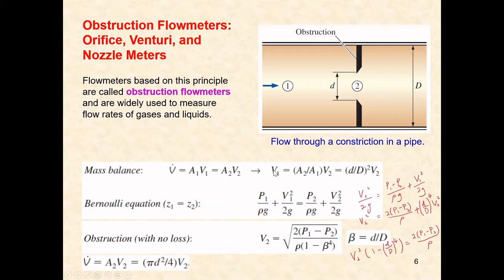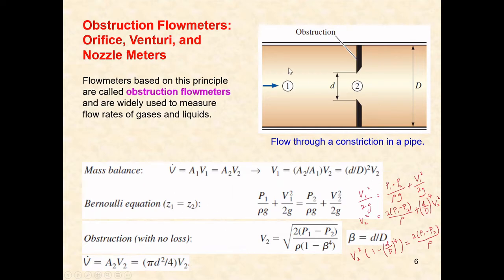So we can find that the velocity at point 1 is given by A2 over A1 multiplied by V2. This A2 over A1 can be simplified into (d over D) squared, multiplied by V2.